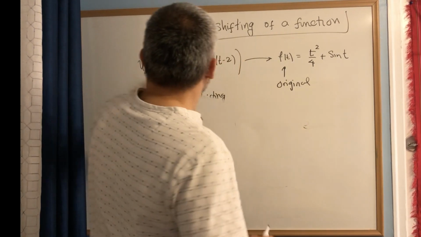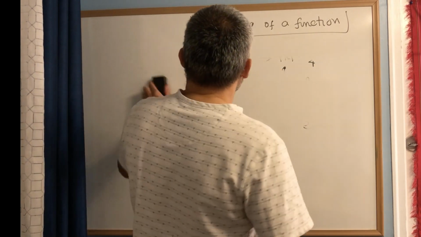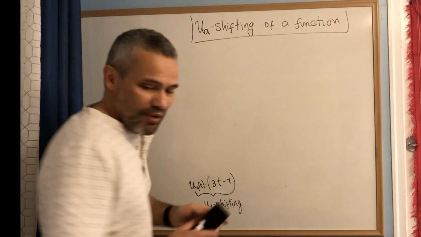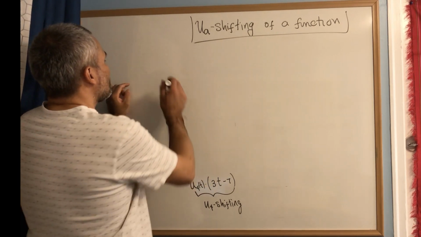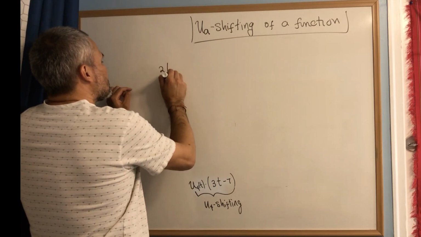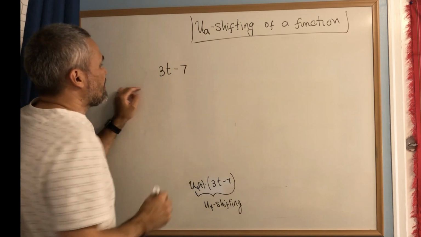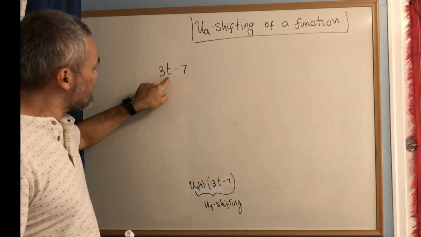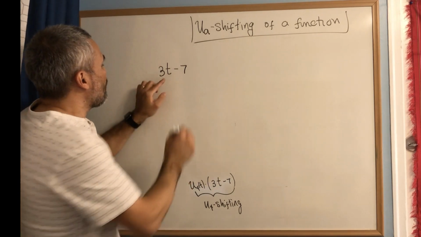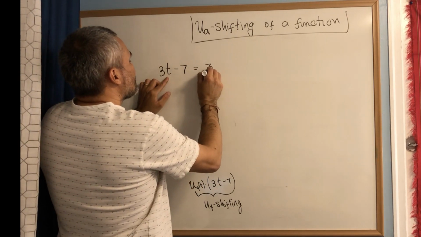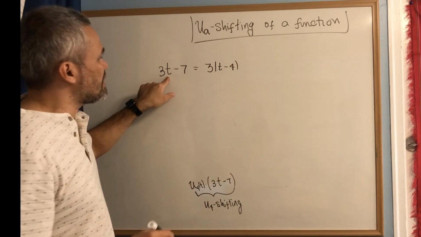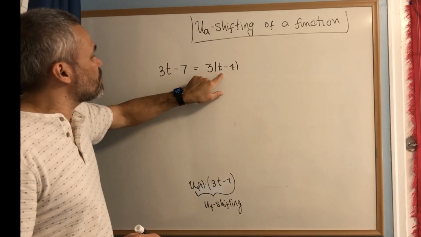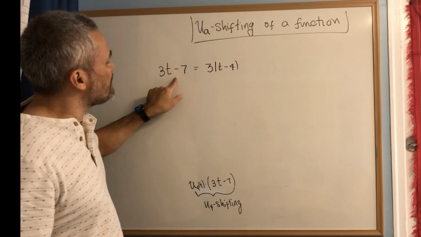And as we will see when we are dealing with Laplace transform, rewriting is going to be an important part of this process. Let me rewrite this, 3t minus 7. Somehow we want to have a t minus 4. Then what we do is we rewrite it like this, 3 times t minus 4. I change this t by t minus 4, but if I do that change, I don't want to change the expression.